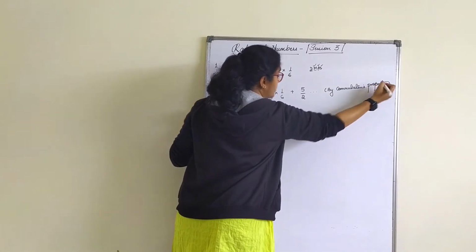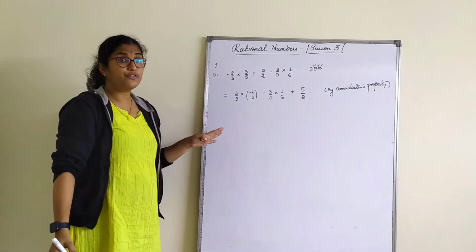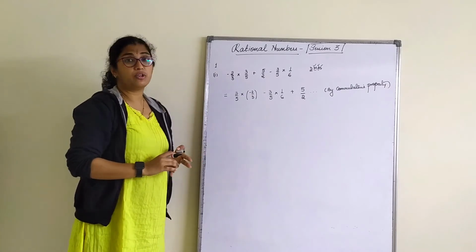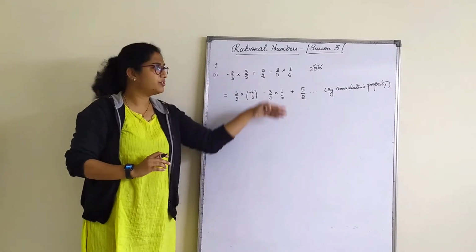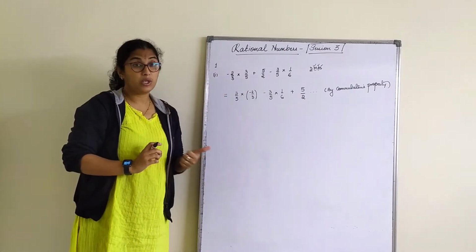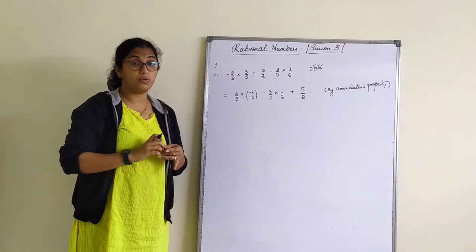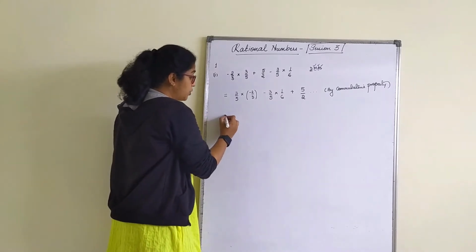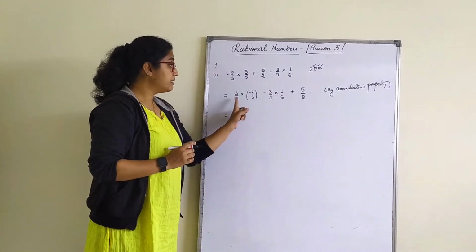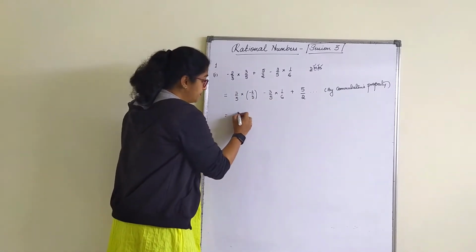Okay. Next, we can solve this directly just by applying DMAS. But the question says we have to solve using appropriate properties only. That is why. Next, what I will do here is take 3 by 5 common.